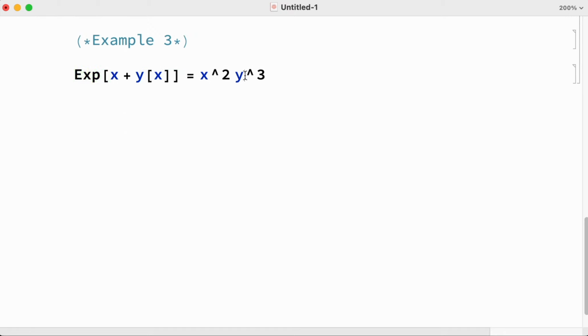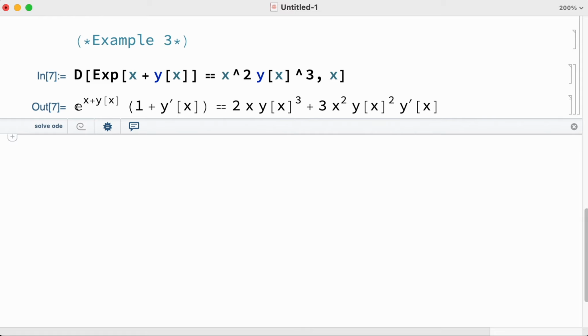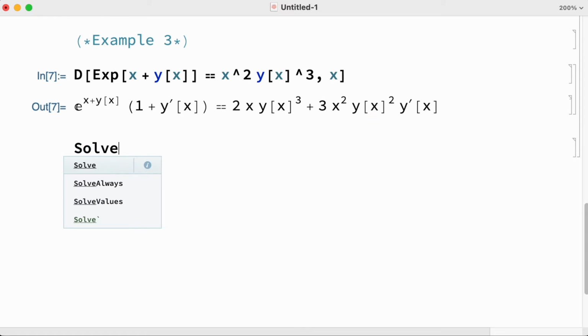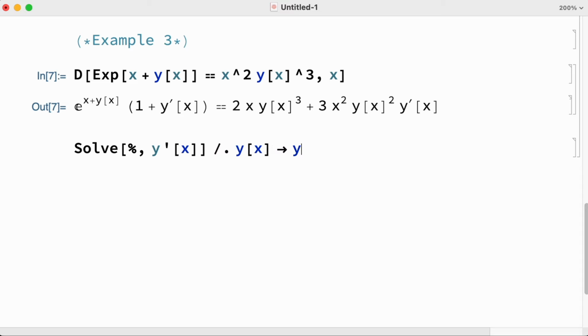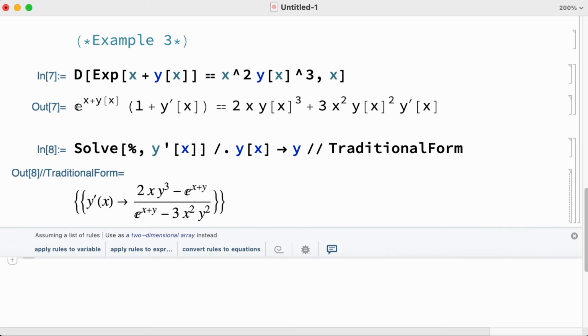Once again, if you do this by hand, pencil on paper, what you write down should look exactly like this. Let's now solve this expression for the derivative dy/dx, or y prime of x. And as we do that, I'm going to go ahead and say that y of x needs to be replaced with y, and let's print this out in traditional form. All right, so that's our derivative dy/dx.